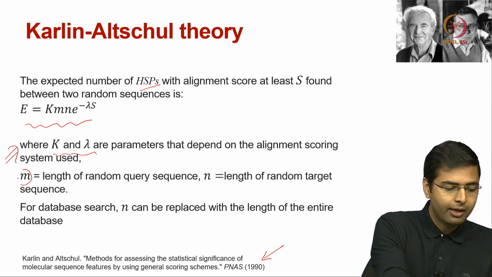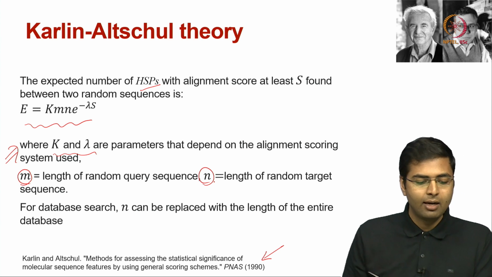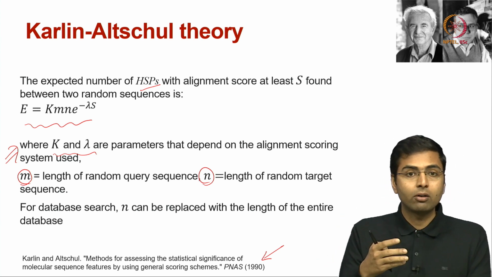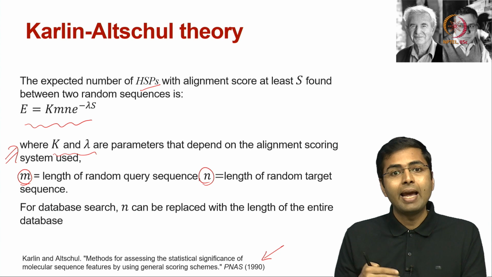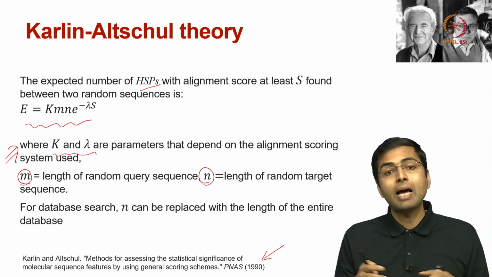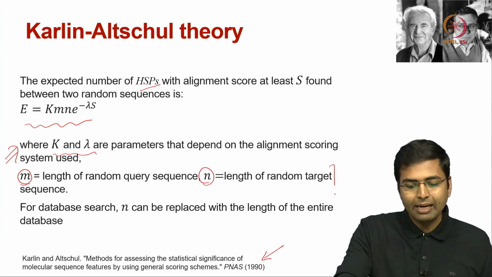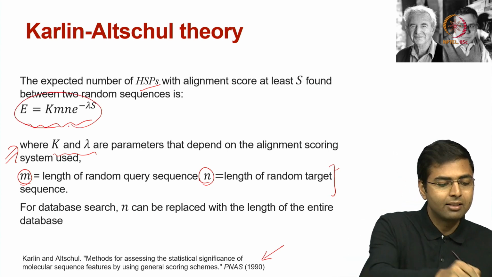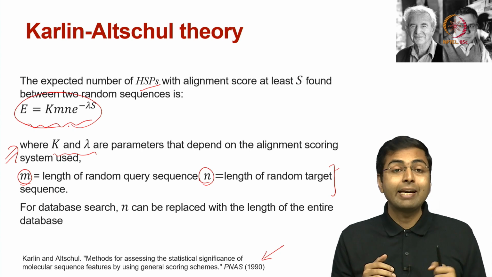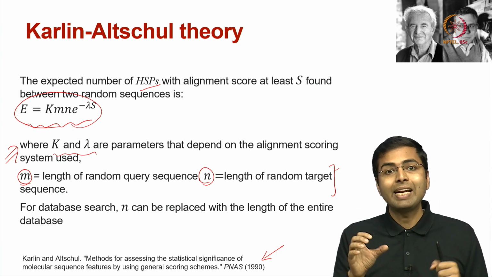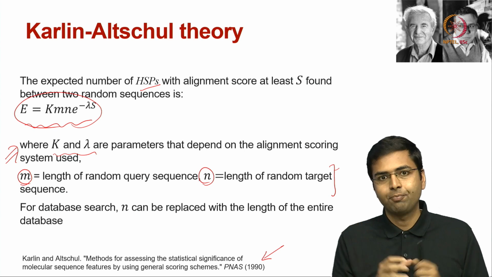M and N in this formula are the sequence lengths. So, M is the length of your random query sequence and N is the length of the random target sequence. So, for two random sequences, this formula gives us the expected number of high scoring segment pairs that have alignment score at least S.